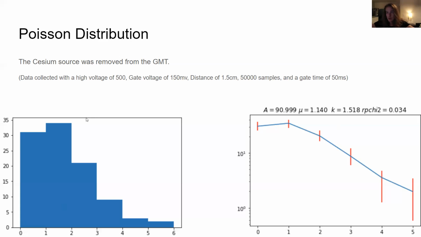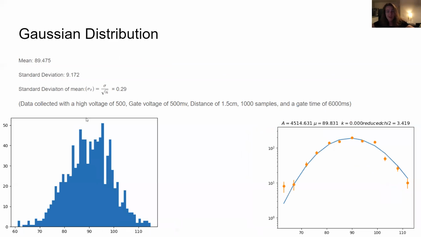So moving onward, we put the cesium source back in the Geiger Muller tube, and we're able to measure a Gaussian distribution now. And again, this is to be expected because of a lot of reasons, but particularly because of the particles that are being generated here. So we measured the mean and the standard deviation as seen, and the standard deviation of the mean across various trials.